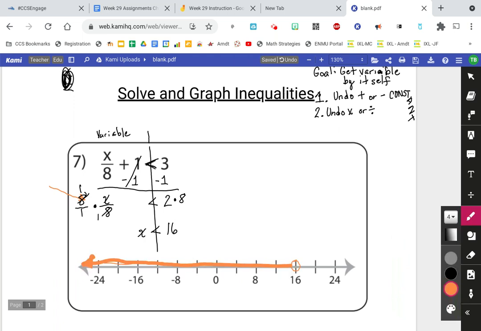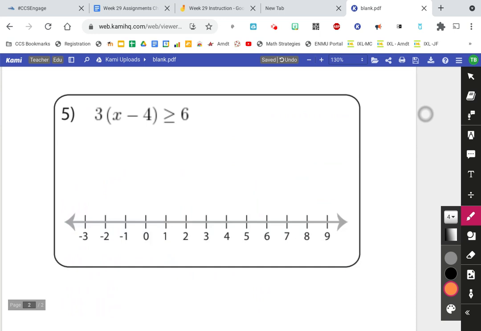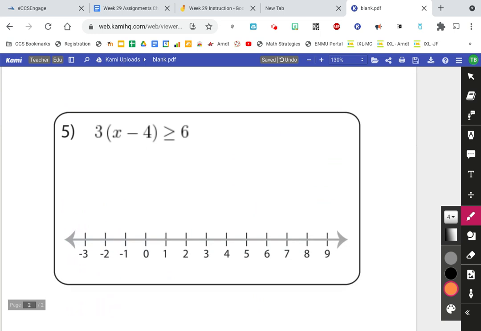Okay, so let's look at our next example. Our next example says 3 times in parentheses x minus 4, close parentheses, is greater than or equal to 6.